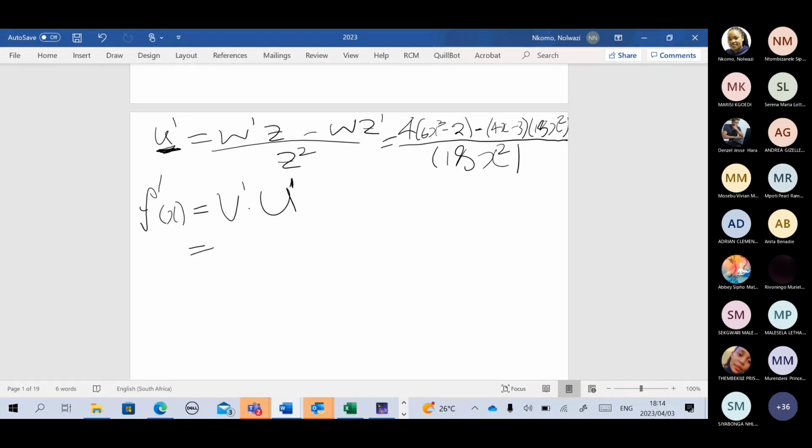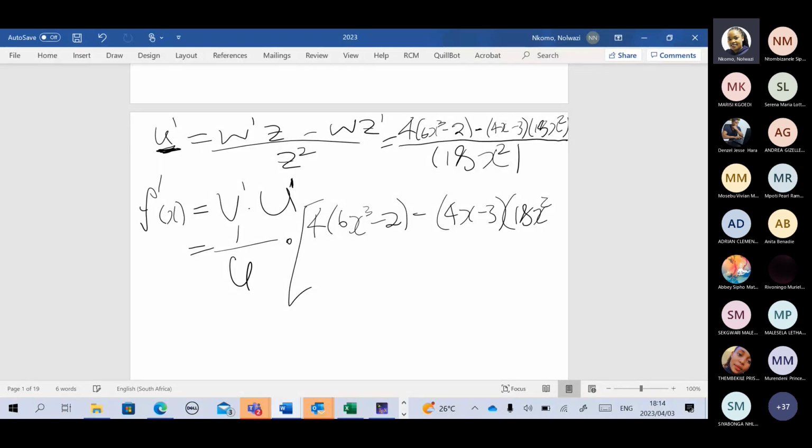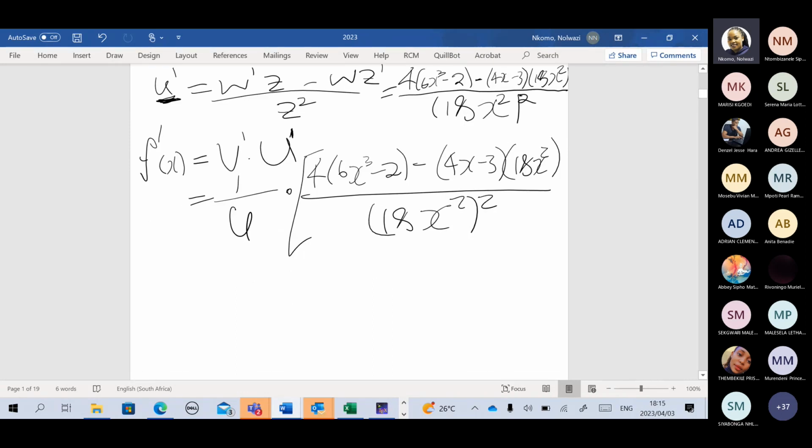We said the derivative of v is 1 over u times the derivative of u, which is 4 times 6x cubed minus 2 minus 4x minus 3 times 18x squared, right? Over, there's a square here, over 18x squared, everything squared, right?